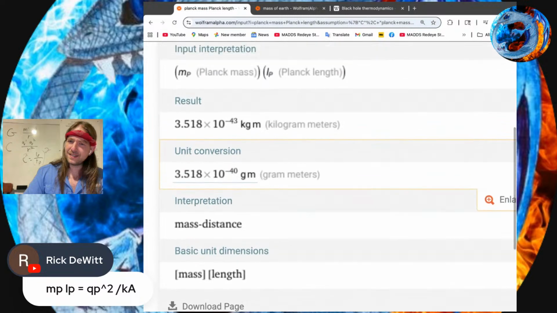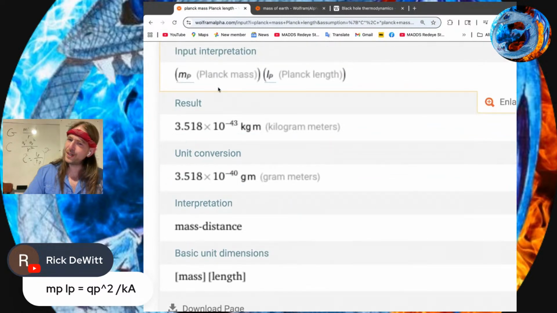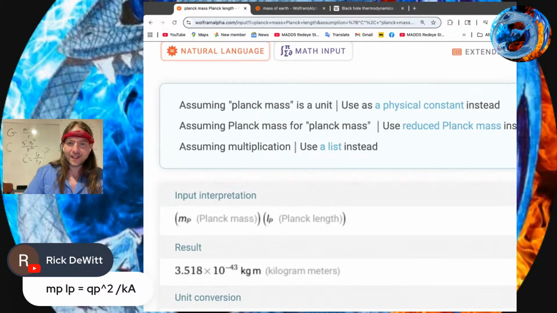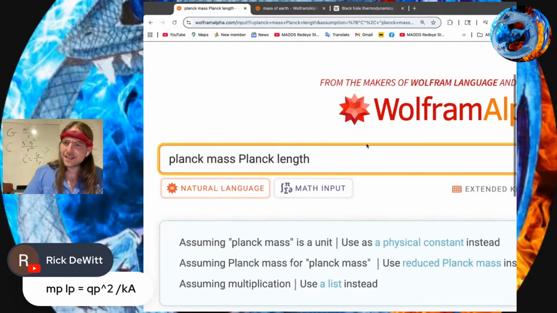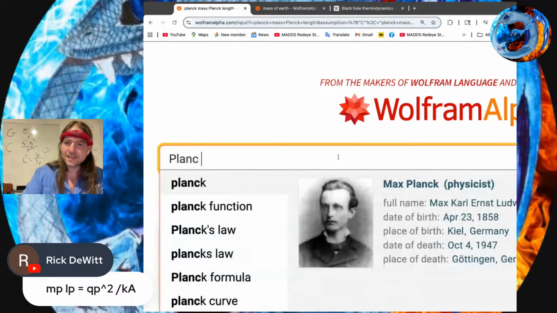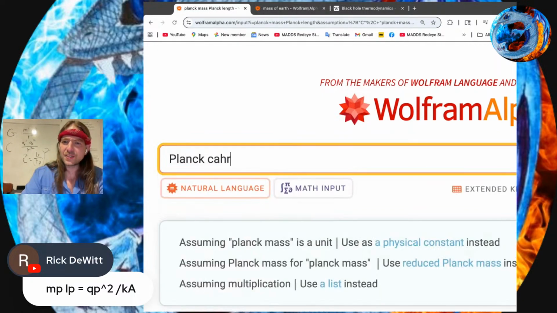No, no, no, no. 10 to the minus 43 mass distance. And then charge squared.